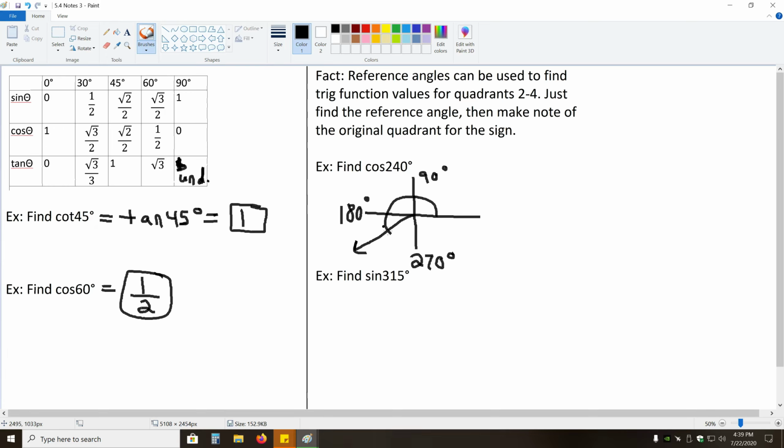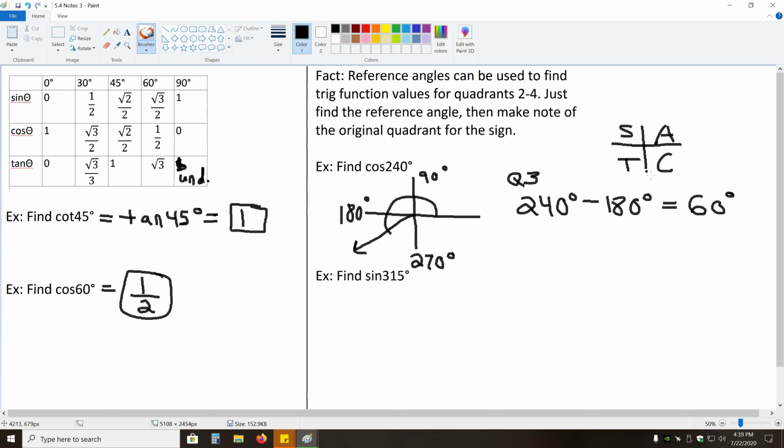So since we're in quadrant 3, which we'll make note of, our formula says we take our angle and subtract 180 degrees from it to find the reference angle. So 240 minus 180 is 60 degrees. That is the reference angle, and we're in quadrant 3. Why is quadrant 3 so important? Well, remember, all students take calculus?